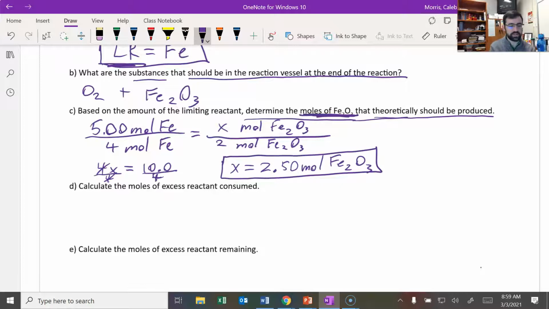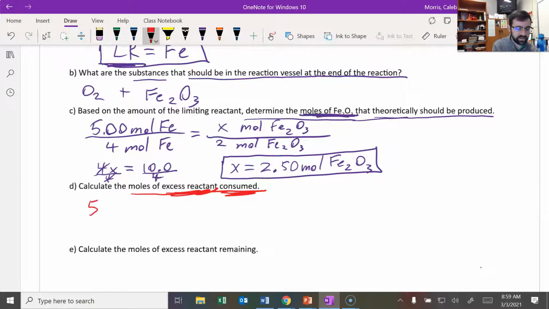Now it says to calculate the moles of excess reactant that are consumed. So to find out how much of the excess reactant I've consumed, I'm going to use this same exact process as step C, except my unknown X is going to be the excess reactant. So let's start with our limiting reactant.